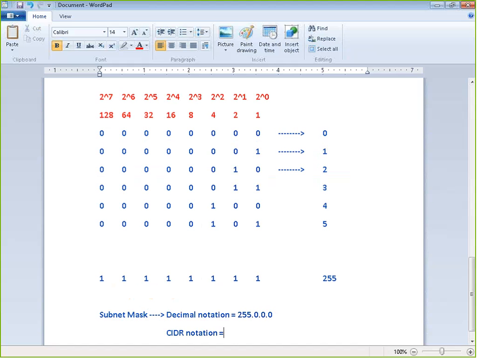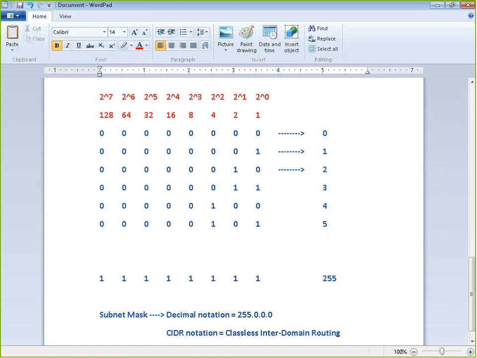CIDR notation is nothing but classless inter-domain routing. We are going to talk more about this classless inter-domain routing, or CIDR, a bit later, but let's now talk about the CIDR notation.